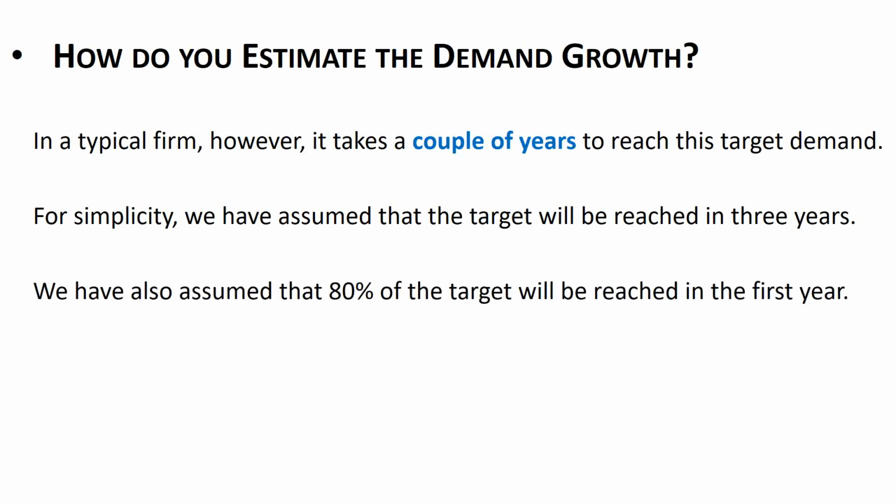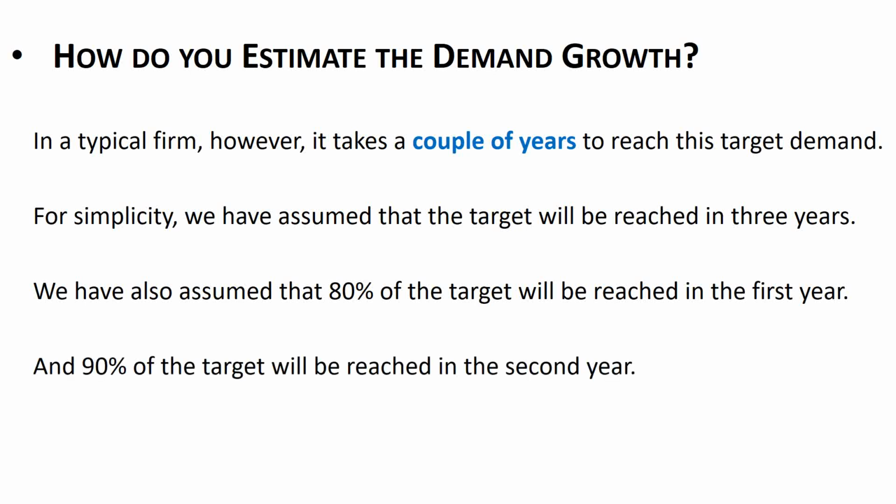We have also assumed that 80% of the target will be reached in the first year. This number could be different for different businesses, but we are keeping it simple. So in our case, 5,000 times 4, 20,000 t-shirts, but in the first year we expect 80% of it, 16,000, will be sold. Second year we say 90% of the target of 20,000 is 18,000.